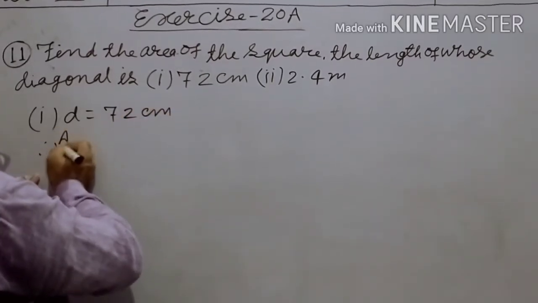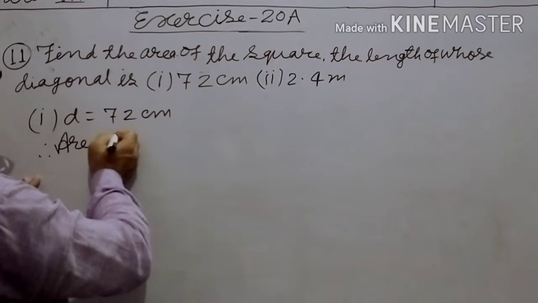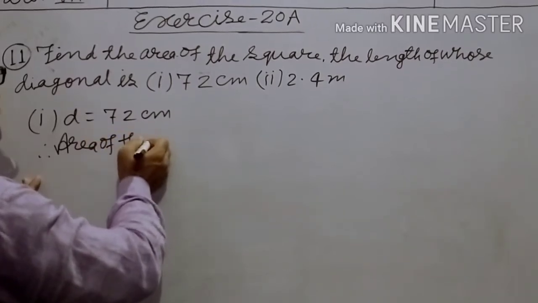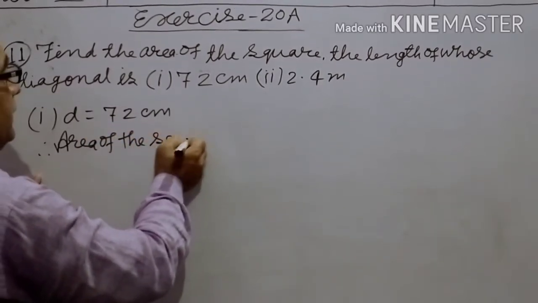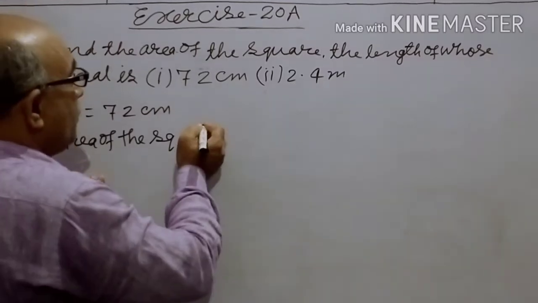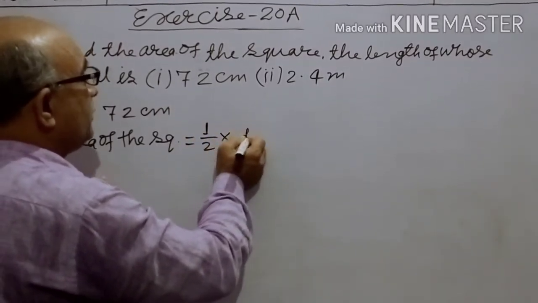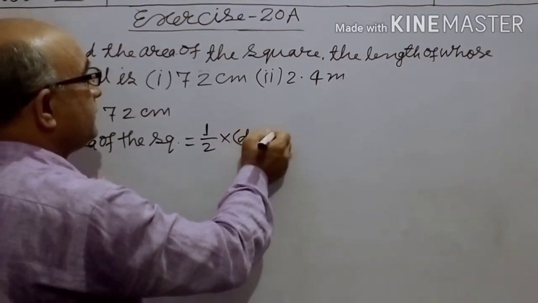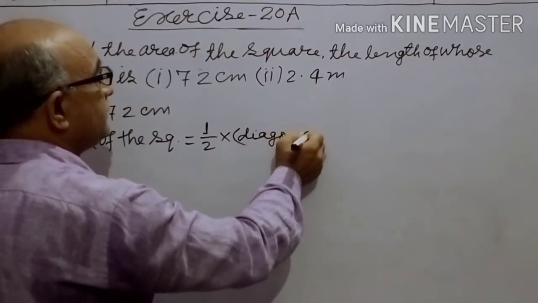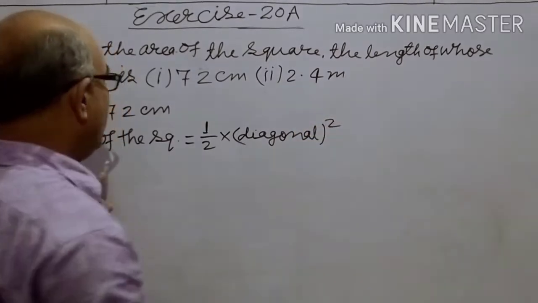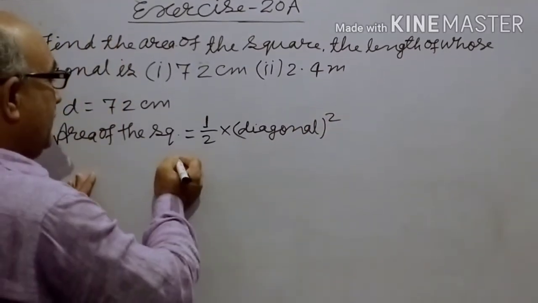Therefore, area of the square is 1 by 2 into diagonal square.